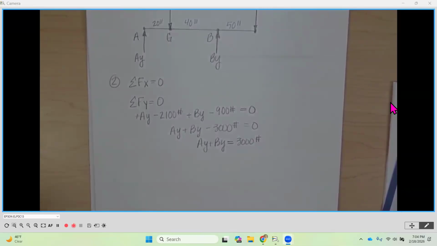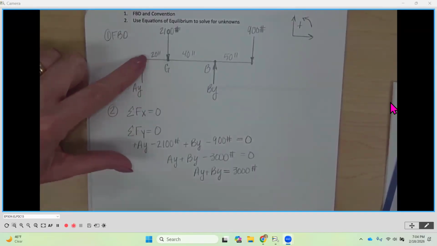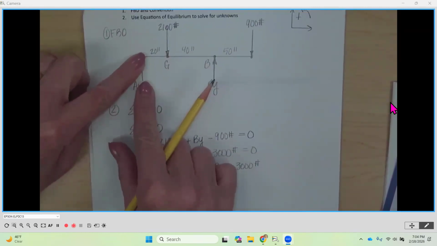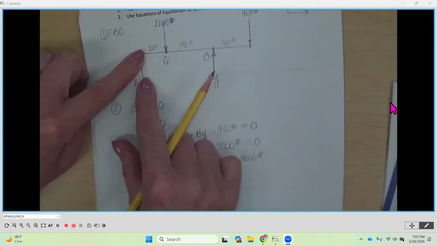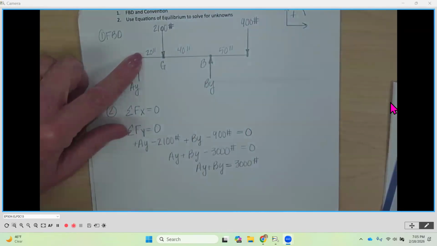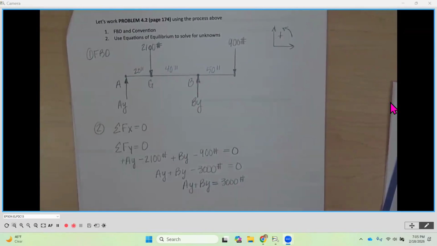The sum of the moments around a point is going to equal 0. So this is where you strategically place your point, okay? If I put my finger on A, do you see how AY won't be part of my equation? Because it's going to push on the point, it's not going to rotate, but BY will be part of it. So if I sum around one of the points where one of my unknowns is, I'm taking that one out of the equation, so I end up with only one unknown.